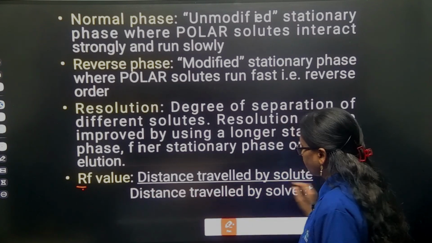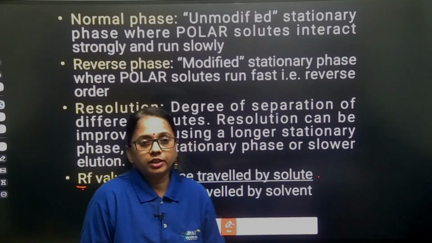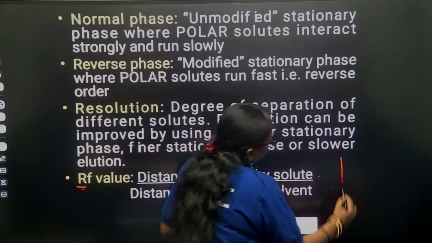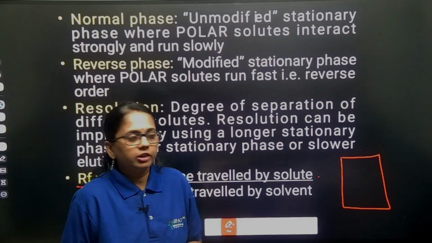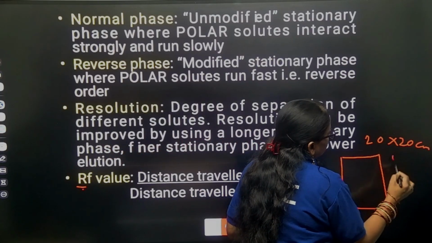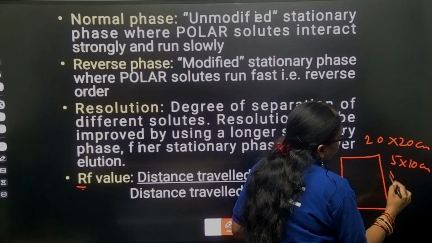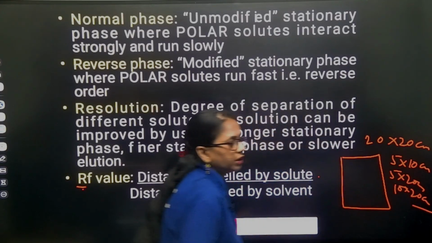That is distance travelled by the solute divided by distance travelled by the solvent, because in thin layer chromatography we are going to use different TLC plates. They are going to be 20 by 20 centimeters, 5 by 10 centimeters, 5 by 20 centimeters, 10 by 20 centimeters, different types of TLC plates.